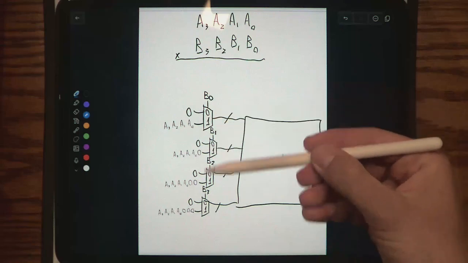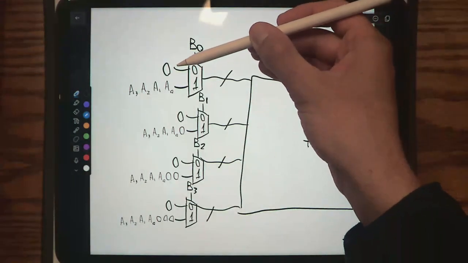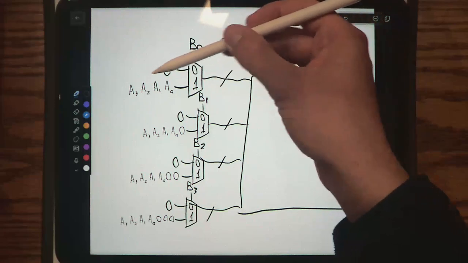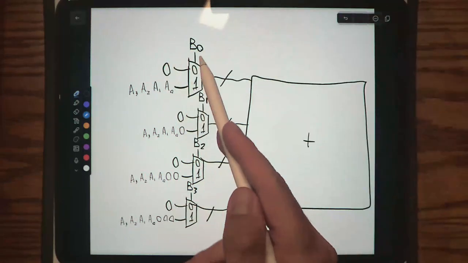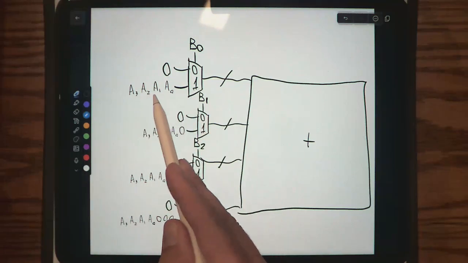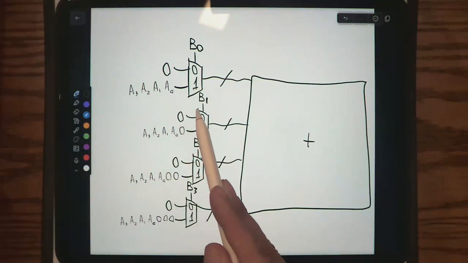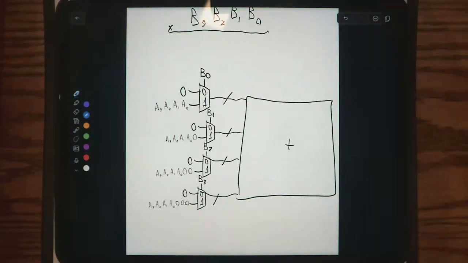If B is 0, then we add 0, but if B is 1, then we add in A, specifically A shifted by whatever place B is in. Here we shift it by 0, here by 1 because it's B1, here by 2 because it's B2, and here by 3 because it's B3. Okay, so this is how you can do multiplication.